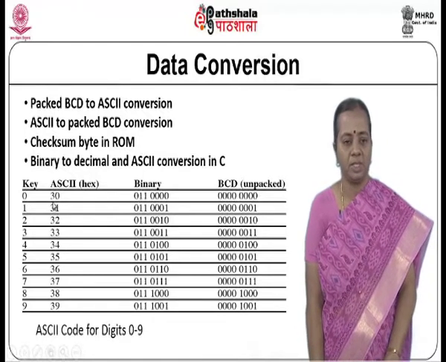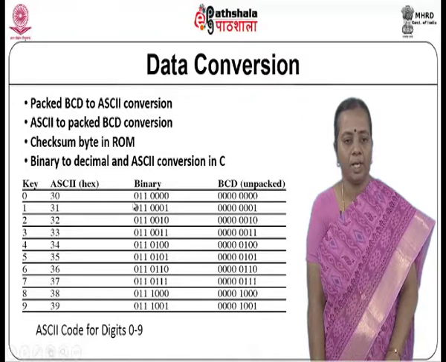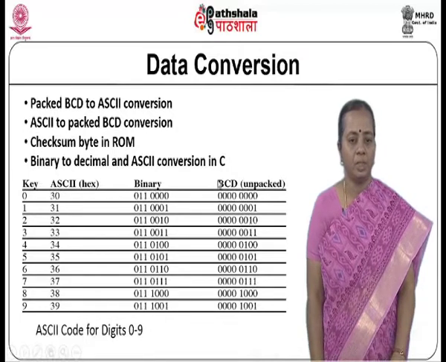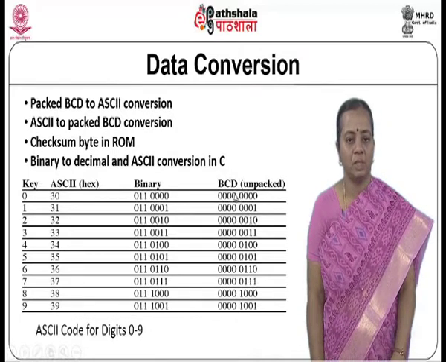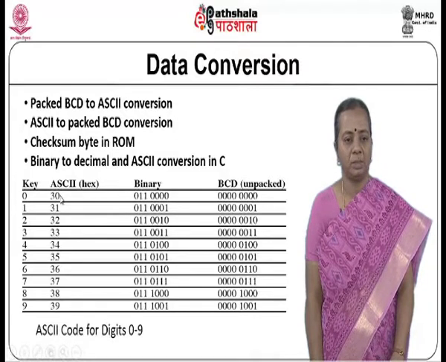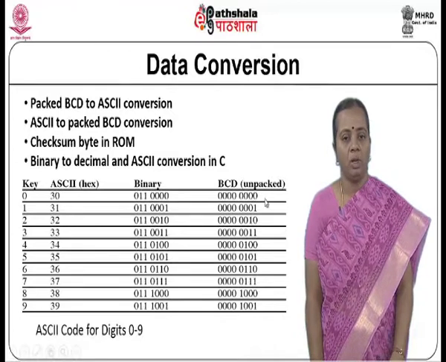So, if this hex code is converted into a binary number, I will be in a position to give this as the binary number, when BCD unpacked can be written this way. So, 0 is written as 0 0 0 0 0 0 0 0, where 30h is the equivalent value. If I am looking at 1, it will be written as 0 0 0 0 0 0 0 1.